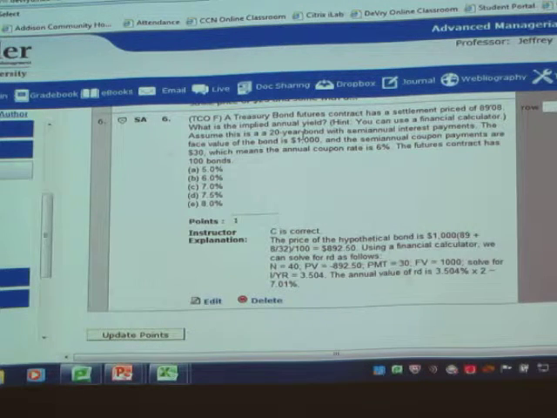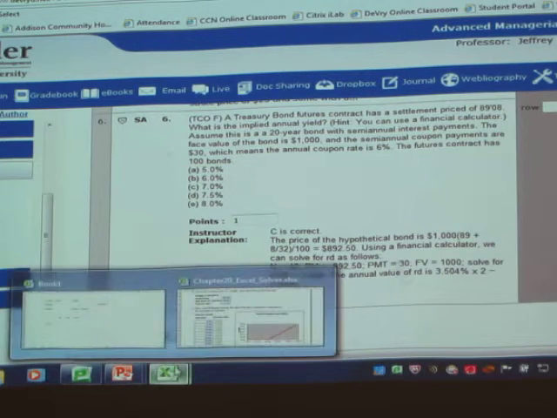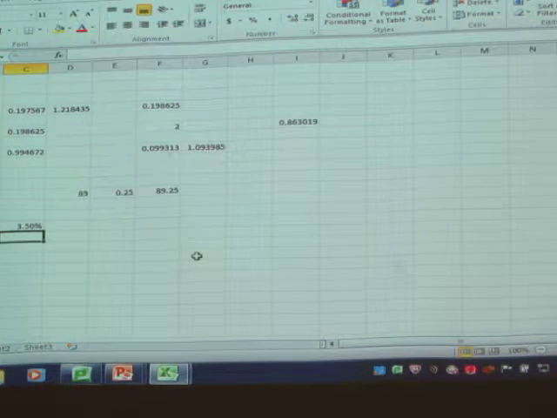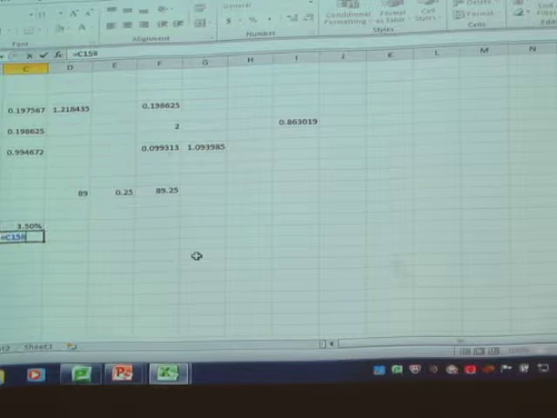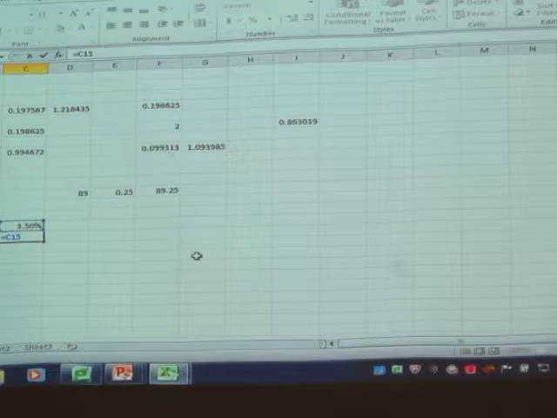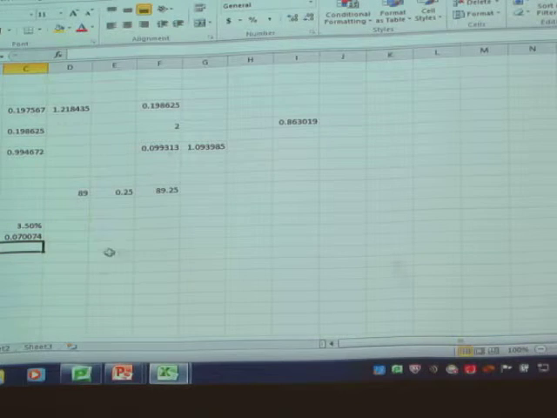Would you go back to the Excel, please? Sure, absolutely. The rate is 3.5. Now that's semi-annual, right? Yes. So in order to get the annual, we multiply that by 2, and we get 7.